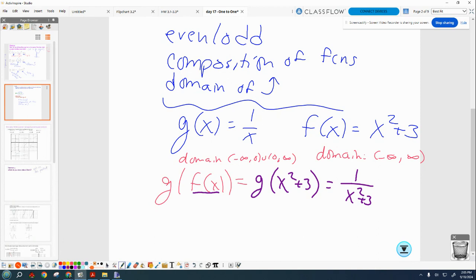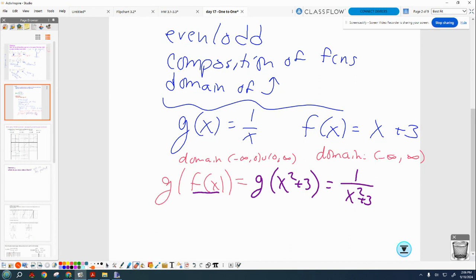Now I can still put in anything, because is this denominator ever gonna be 0? No. If it was 9, it could be 0, but 9 squared is 81 plus 3 is 84, it's not a problem. This is why I don't make problems up off the top of my head. So this doesn't work? Well, it doesn't bring out the point that I wanted to say.